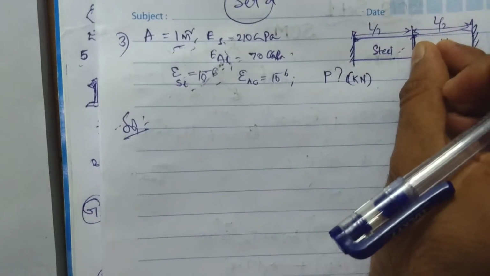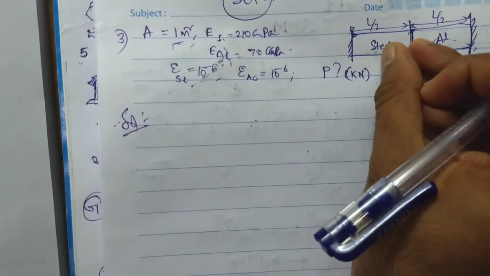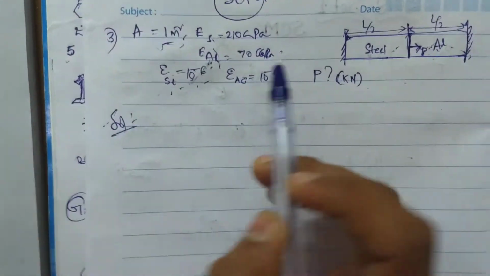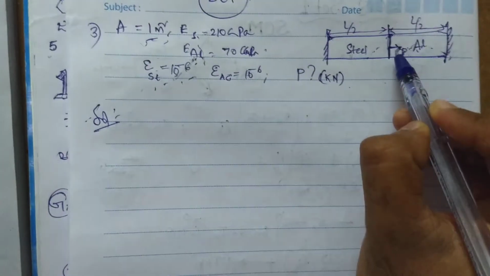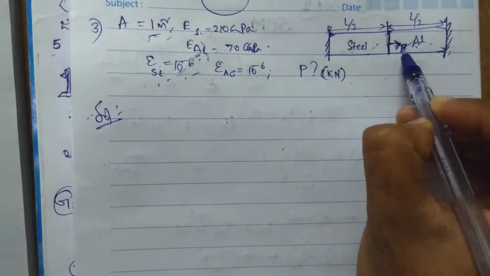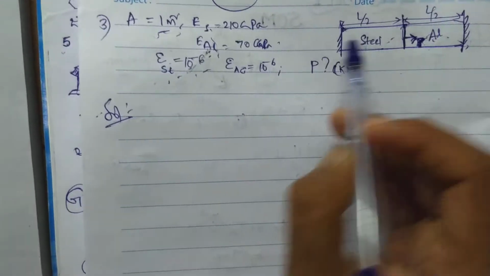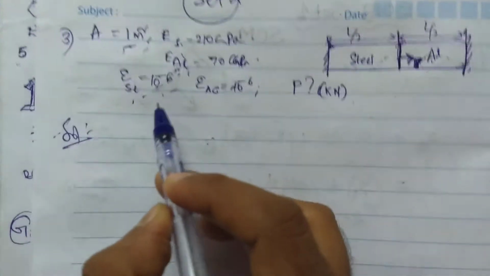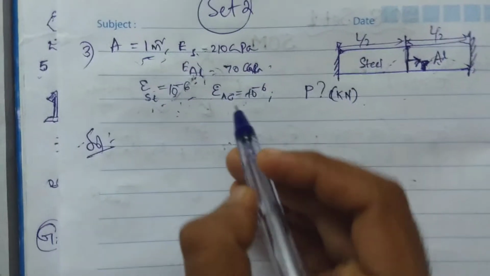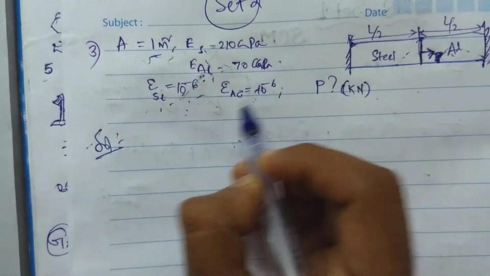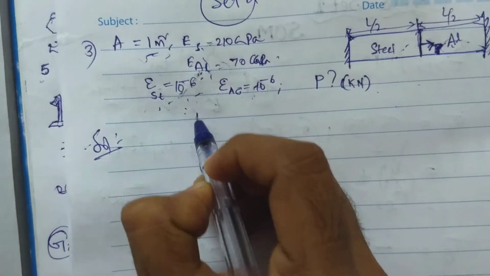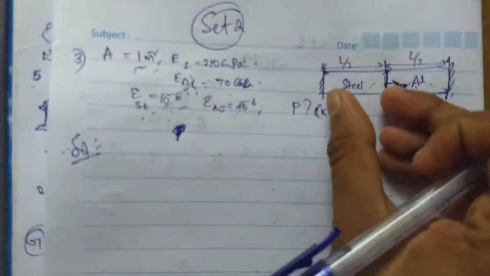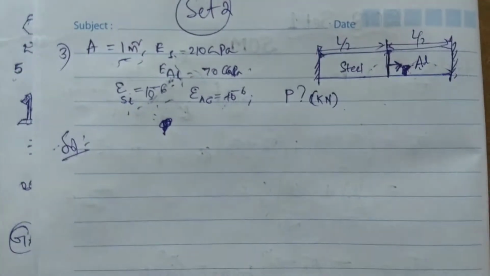How much it will get elongated, this will support that much deflection. So both strains are the same, and it is given also. Now we need to calculate the load P, not stress, the load P for these corresponding strains. Because both strains are the same, let us first draw free body diagrams of both of these individually.